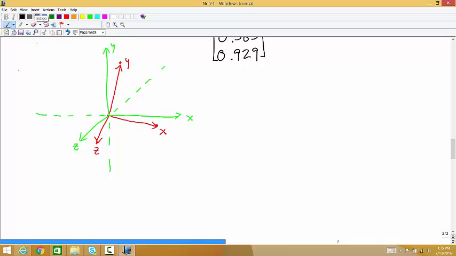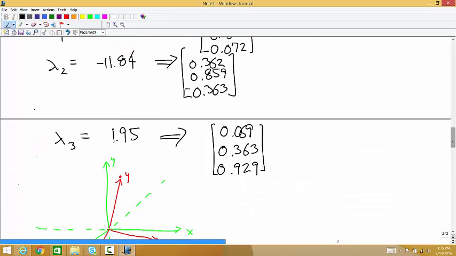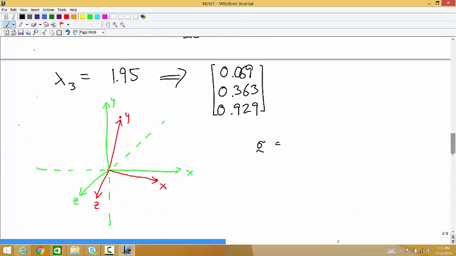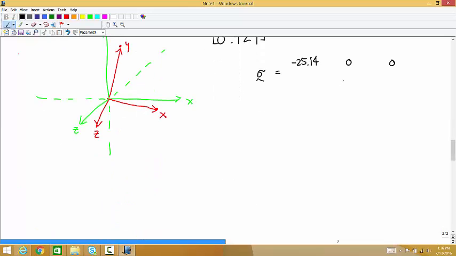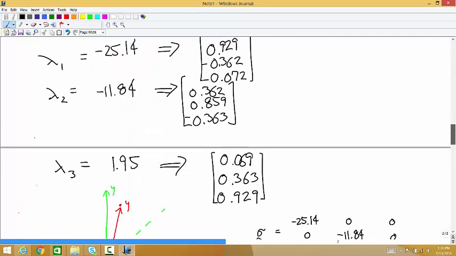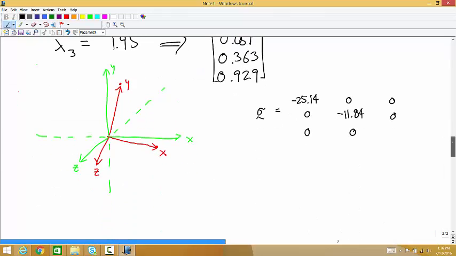And in that coordinate system, the stress tensor is negative 25.14, negative 11.84, and then the last one, the z, is 1.95.